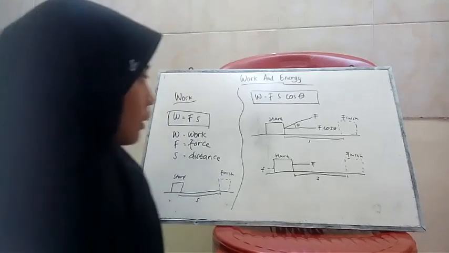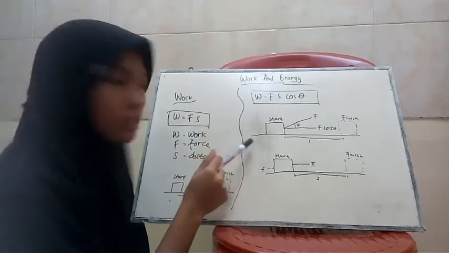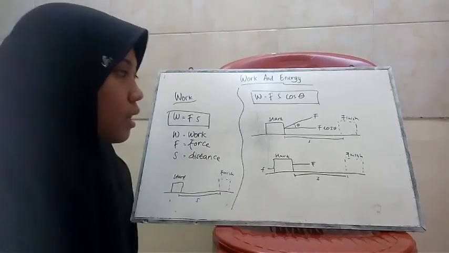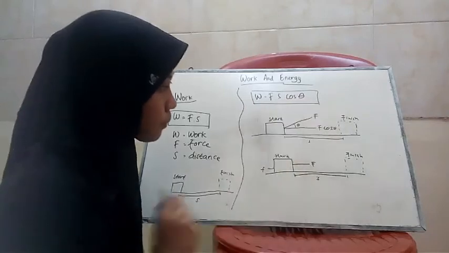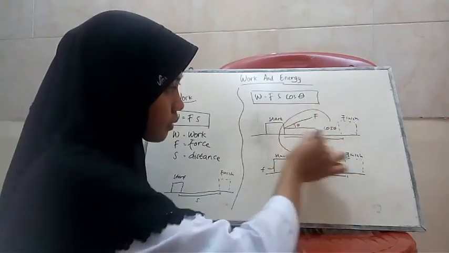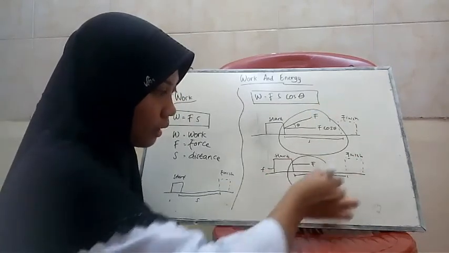The difference between the first picture and the second picture is that in here there is F cos, and in here nothing.